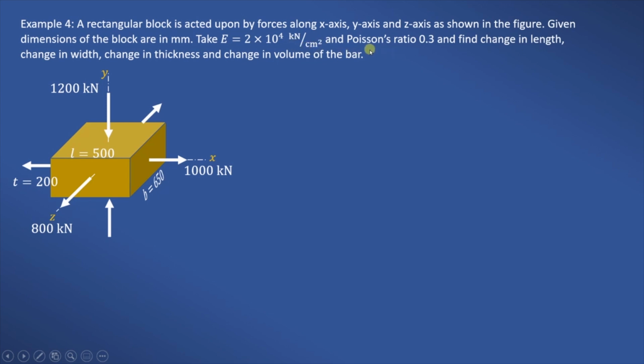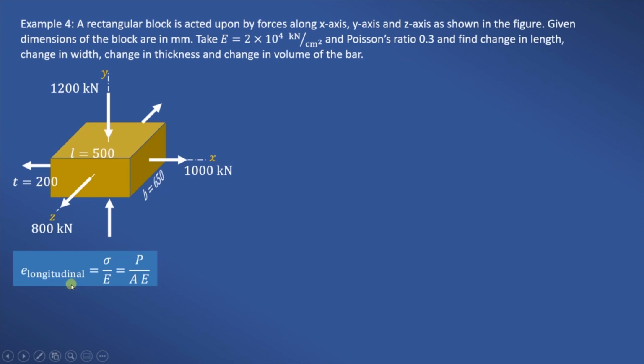Poisson's ratio is 0.3, and find change in length, change in width, change in thickness and change in volume of the bar. Okay, so now watch it. We know that longitudinal strain is P upon AE. Longitudinal does not mean strain in length.